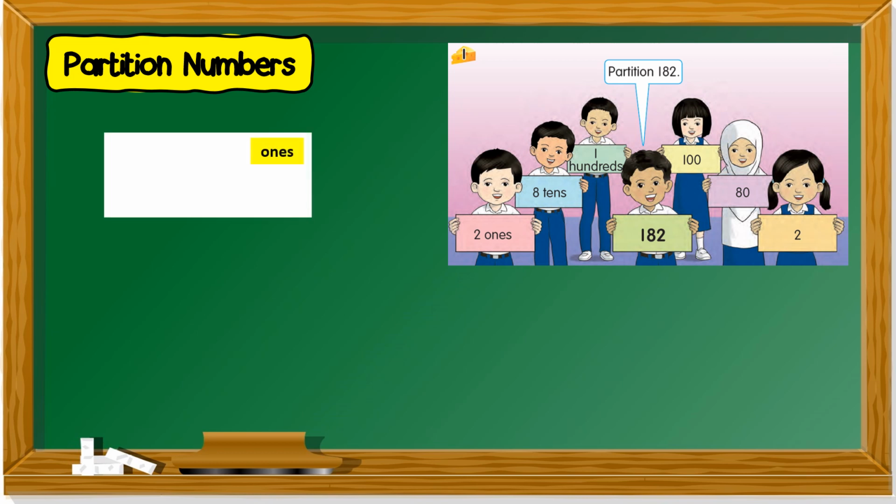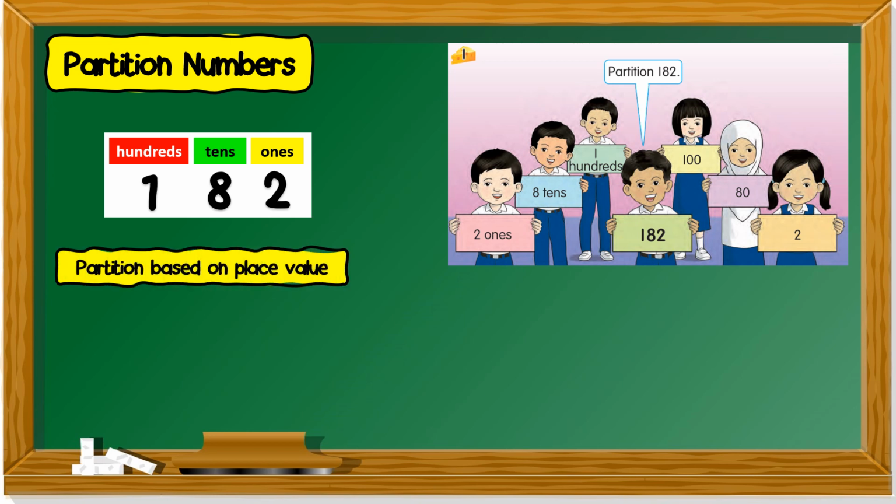With the ones, tens, and hundreds. Okay, ones is 2, in tens is 8, and in hundreds is 1. If we partition it based on place value, then it's 100 plus 8 tens plus 2 ones.